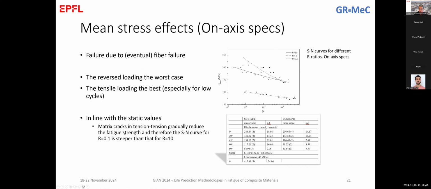And this is relevant. The failure mode is relevant to the matrix cracks that we had in tension in static values, so that finally the fatigue strength of the R 0.1 becomes steeper, not stiffer, but steeper than that of the R equal to 10, the compression loading.